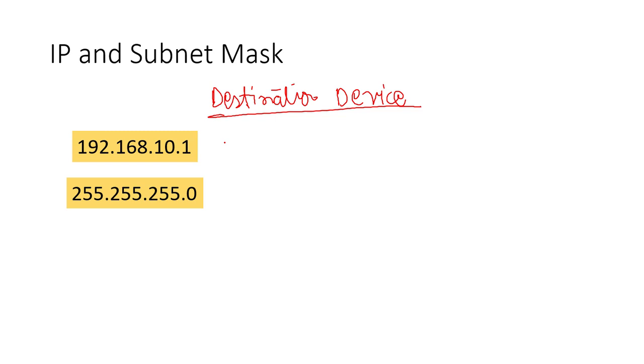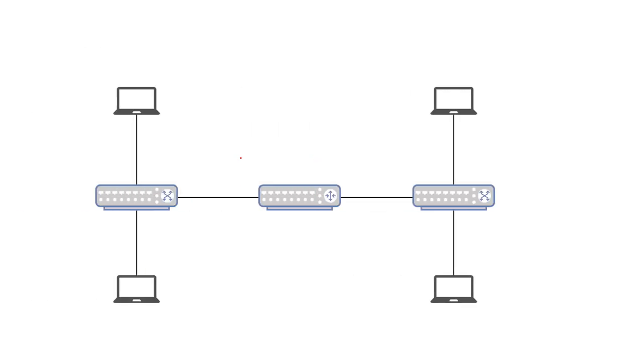But here I will quickly cover the IP address and the subnet mask. For this subnet mask we have 255.255.255.0, which I can also call a /24 network. Now let's take an example. We have this network, and let's name the machines A, B, C, D, and we have two switches and one router, and they are connected.